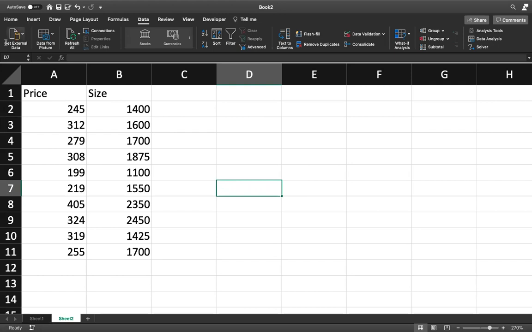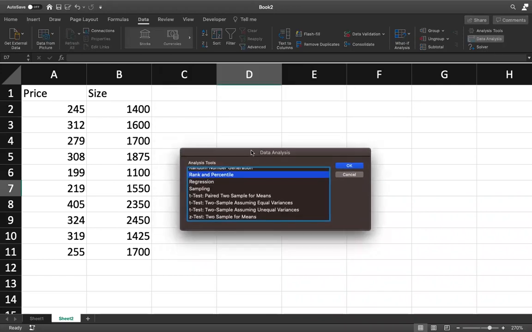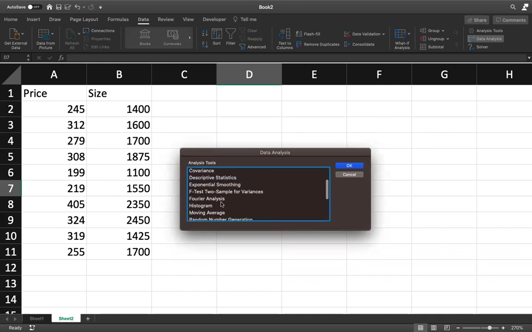When you add that add-in, you go to Data, and then you choose Data Analysis, located somewhere at the top right corner. When you choose Data Analysis, you would see a lot of techniques, right?